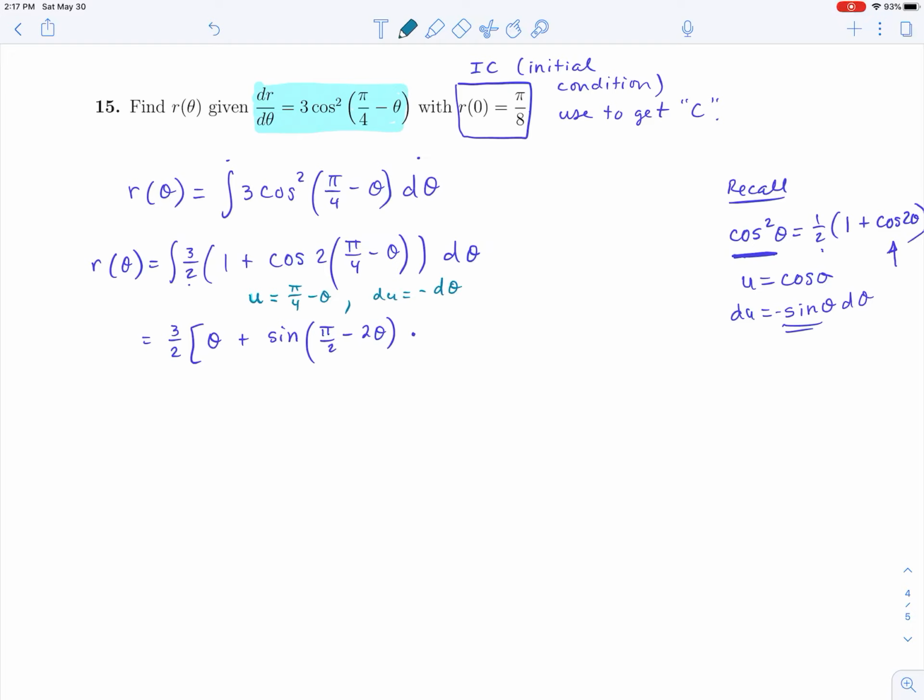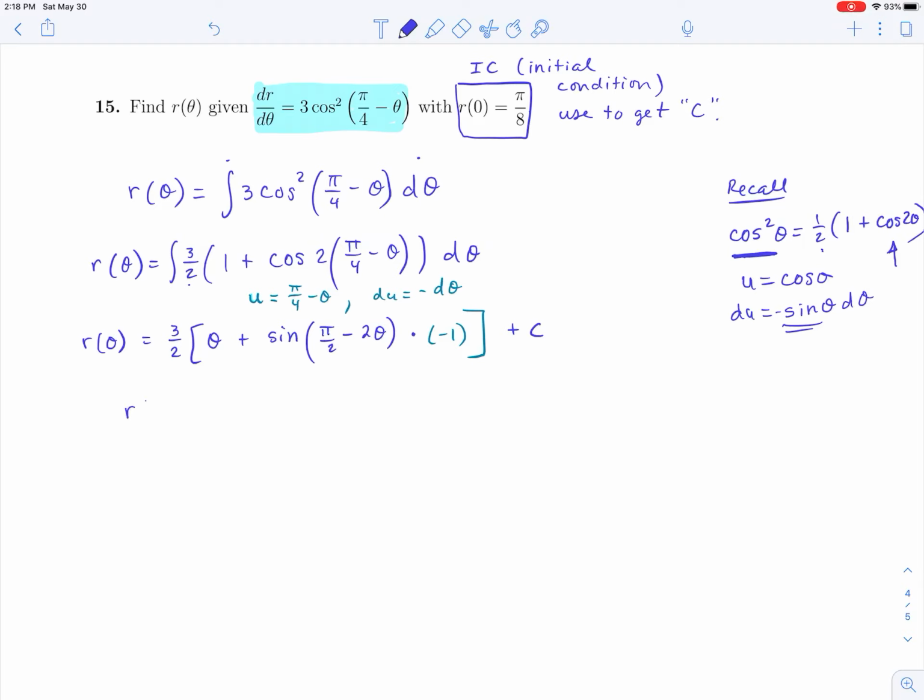So we're going to need the -1 to do that, the antiderivative of cosine of that function, essentially. So that's what the -1 is there for. And plus c. Now let's go ahead and clean this up a little bit, but then we're going to put in 0 and pi over 8, and then we'll have our c.